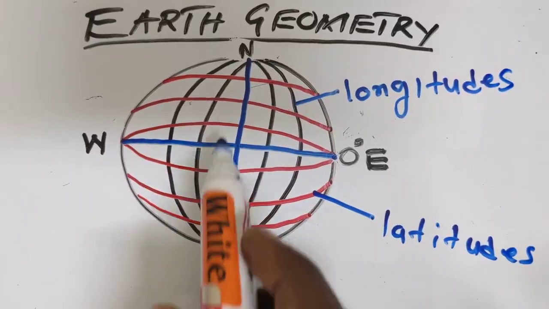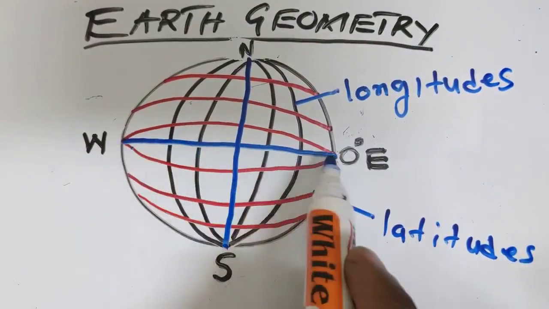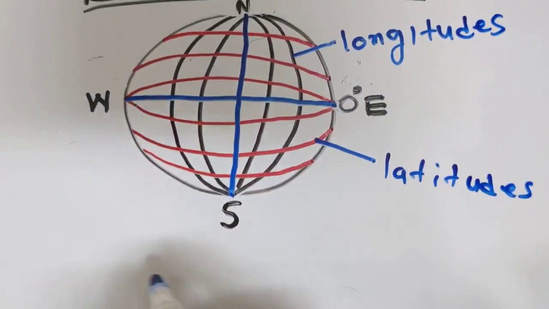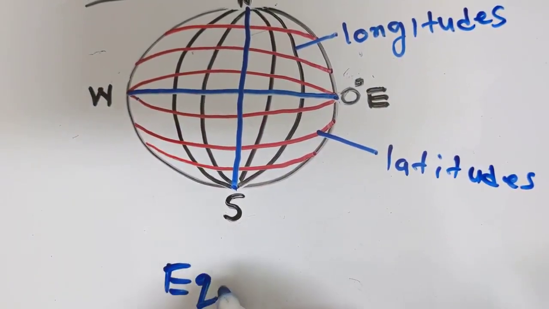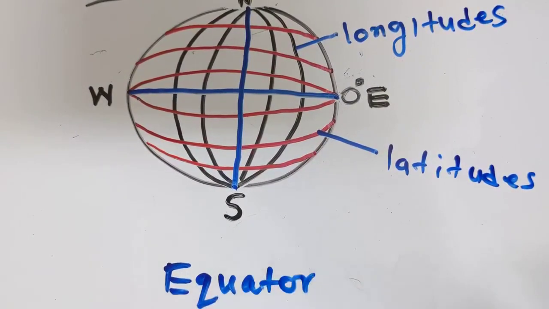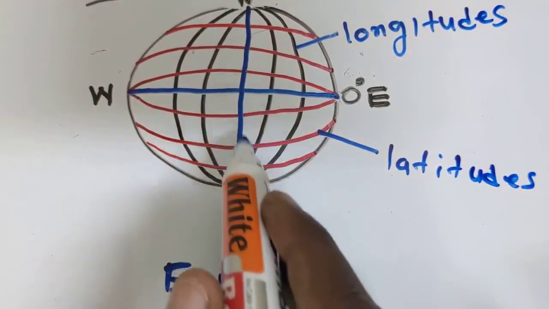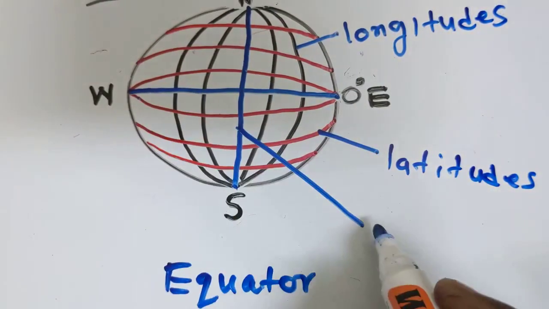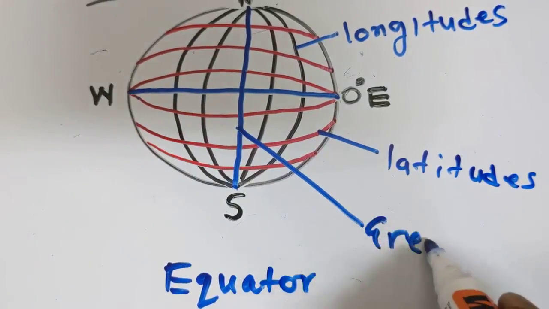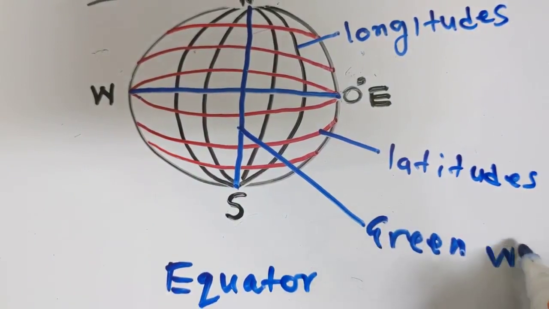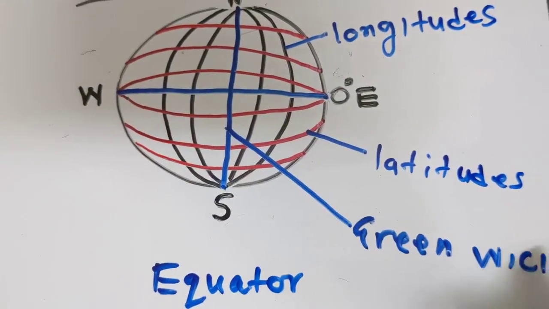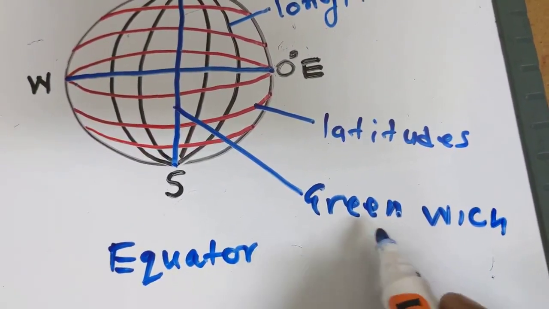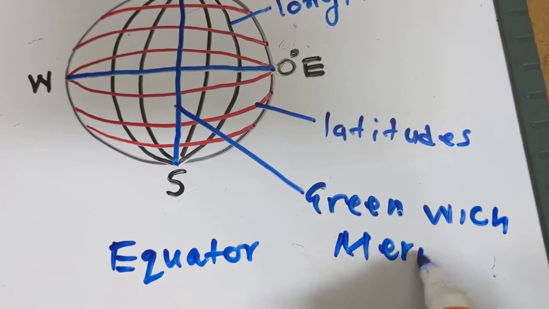The line that demarcates the north and the south is called the equator. Then this line is called the Greenwich meridian.